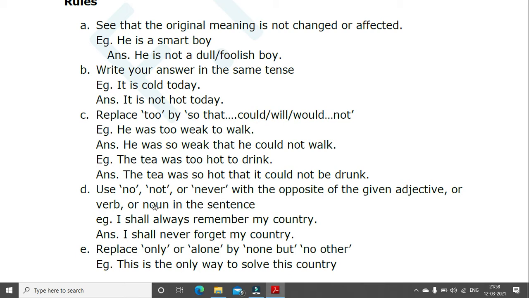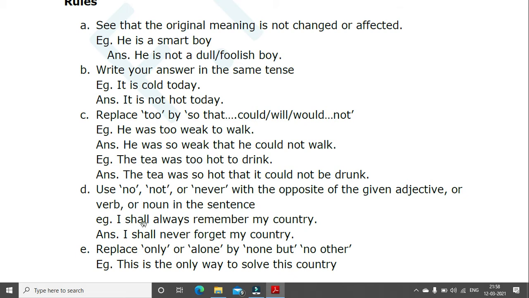Okay, next way to change. Use these negative words like no, not, never with the opposite of the given adjectives or verb or noun in the sentence. Example: I shall always remember my country.